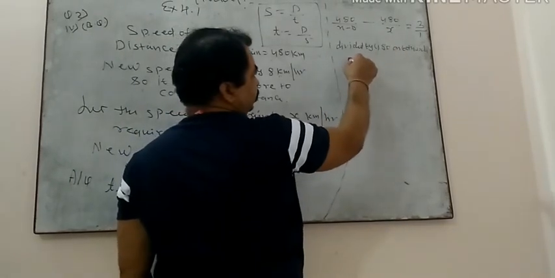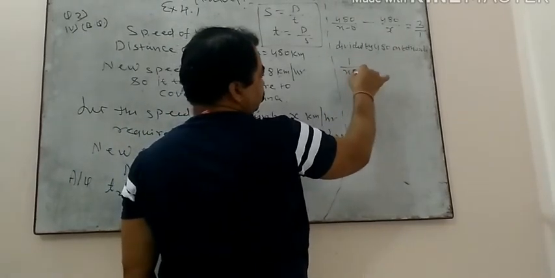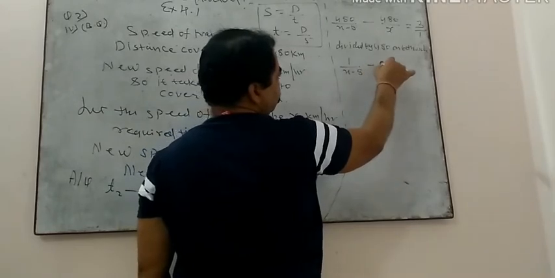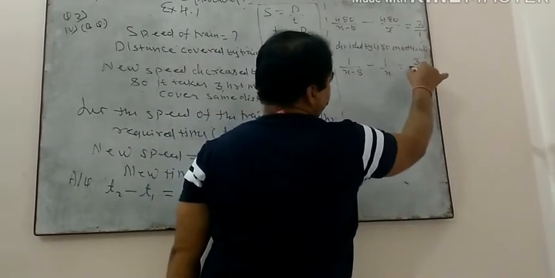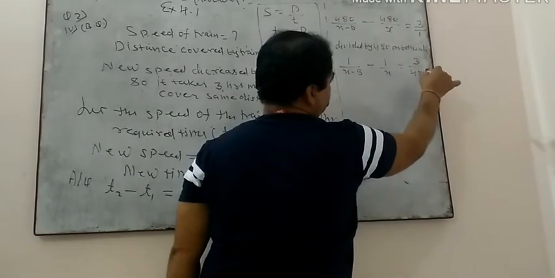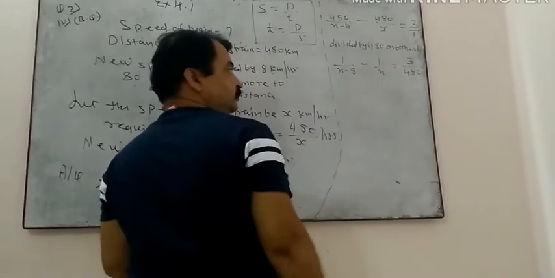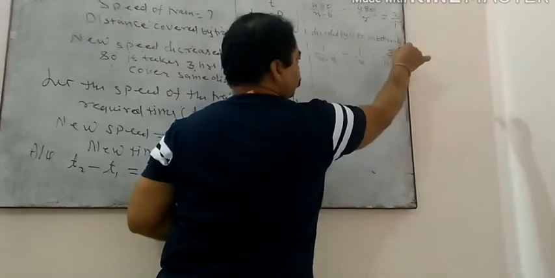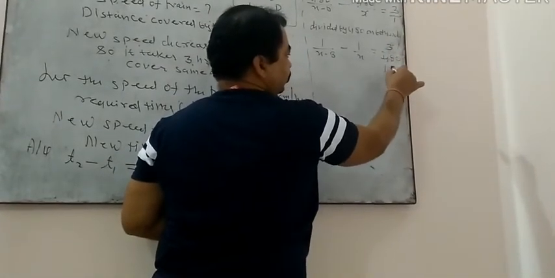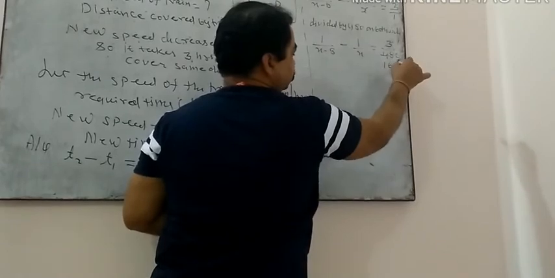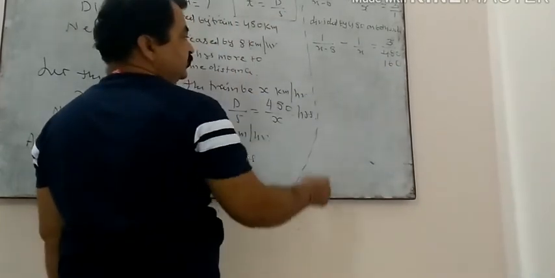So what do we get here? 1 upon x minus 8, right? 1 upon x equal to 3 upon 480. This will be the next step. Now if you want, you can cancel this. 3 1 ja 3, 1 18, 3 6 ja 18 and 3 0. 1 upon 160.